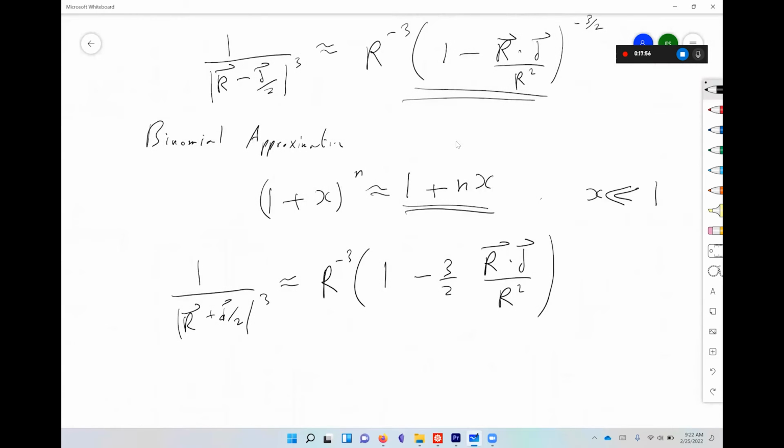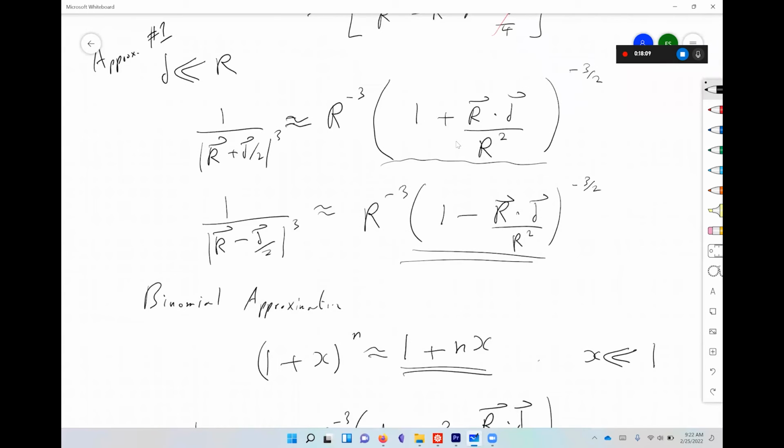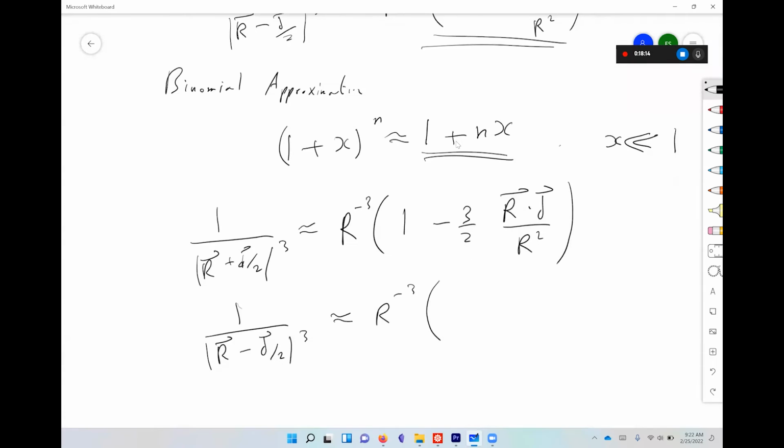So it's much simpler. We got rid of the power, and then 1 over r minus d over 2 cubed approximately is r^-3 times 1 plus 3 over 2 r dot d over r squared.